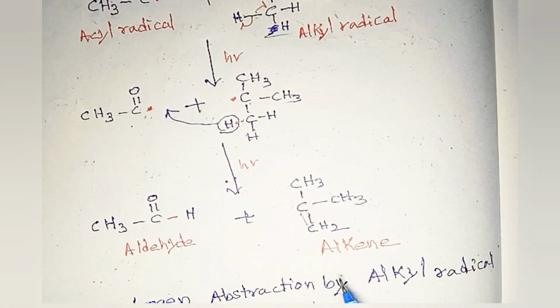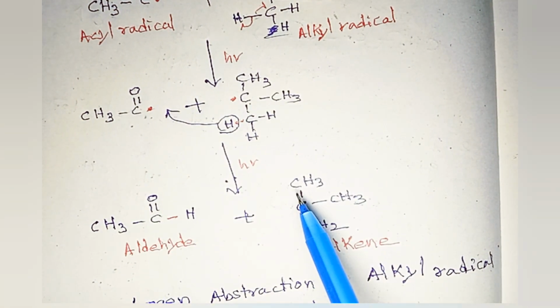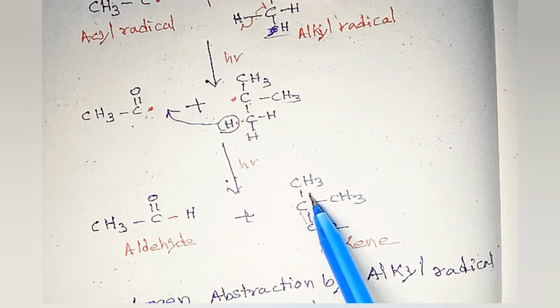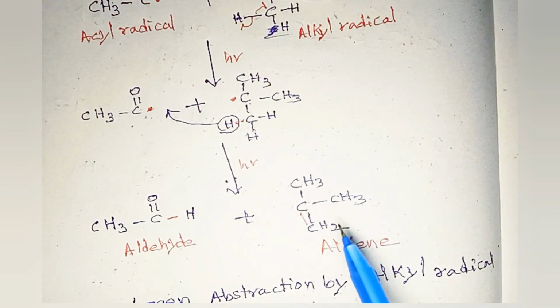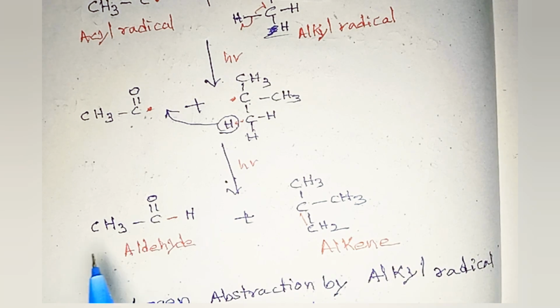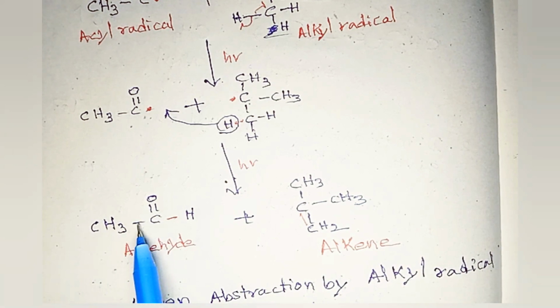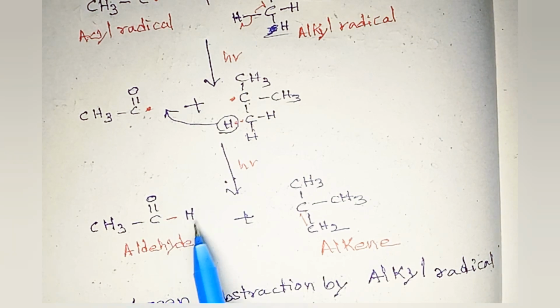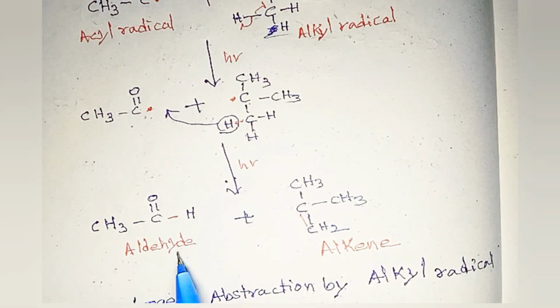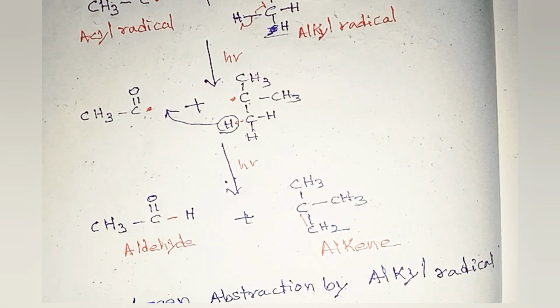These two will form a bond, as a result of which we will get CH3 C double bond CH2 and CH3, that is an alkene. Here we get CH3 C double bond O, and the hydrogen has come and joined here, so it forms an aldehyde.